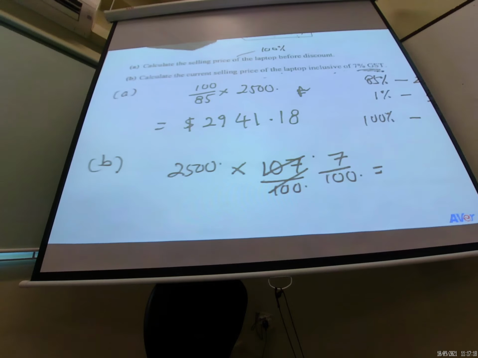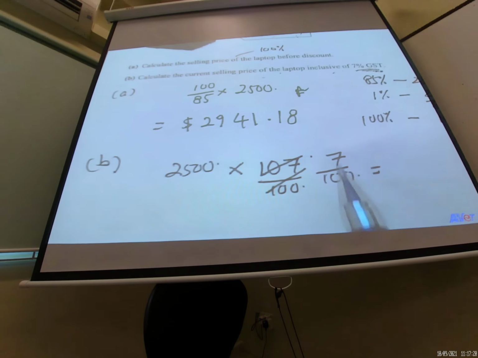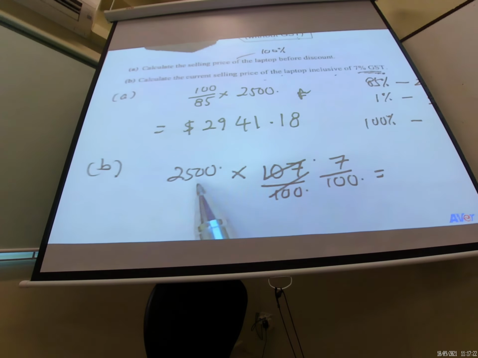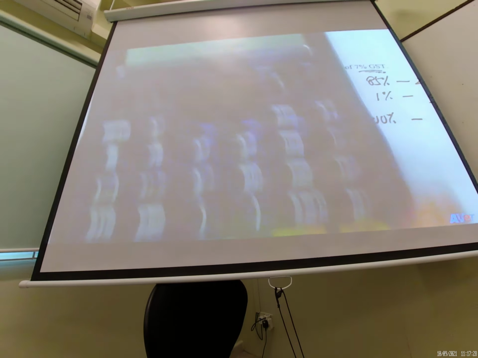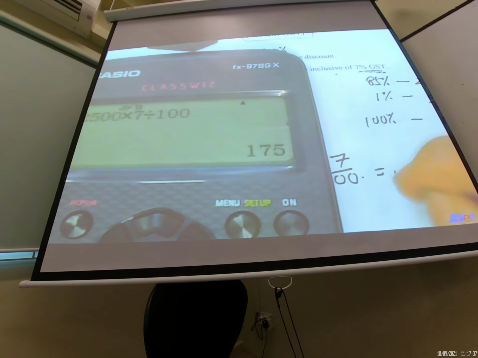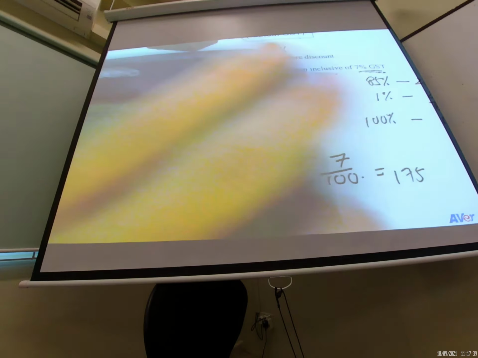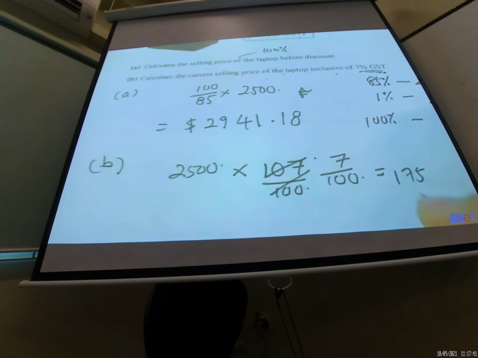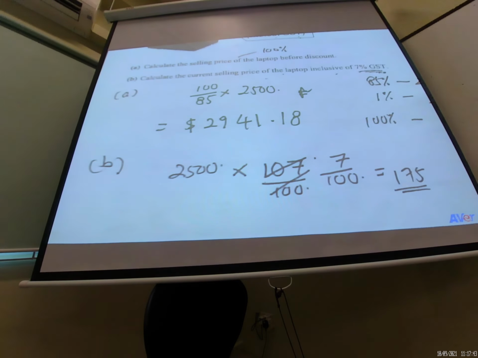So the GST is 7% of the selling price. So 7% of the selling price is 2,500 times 7, then divide by 100. So it is 175. Okay, so this is the amount of GST, 7%.